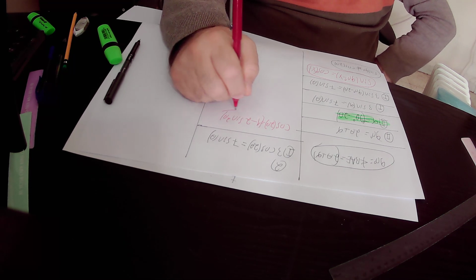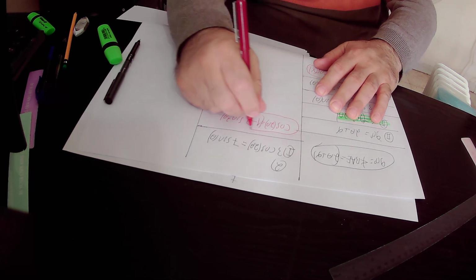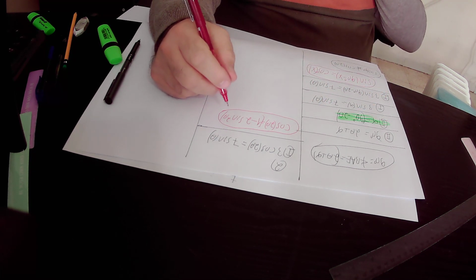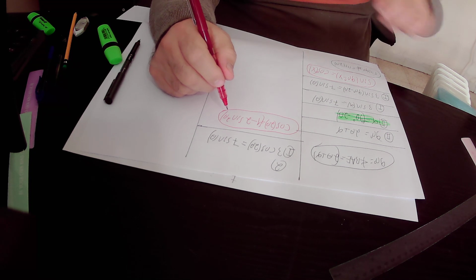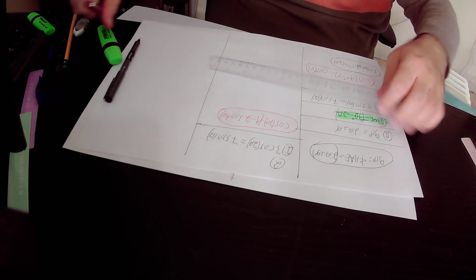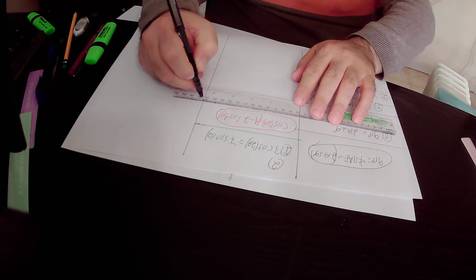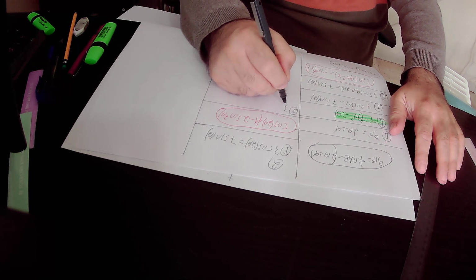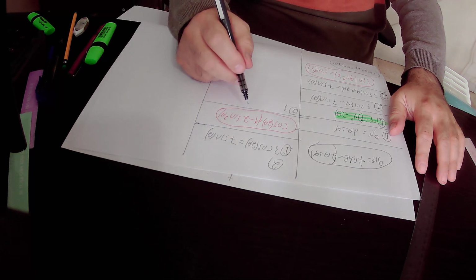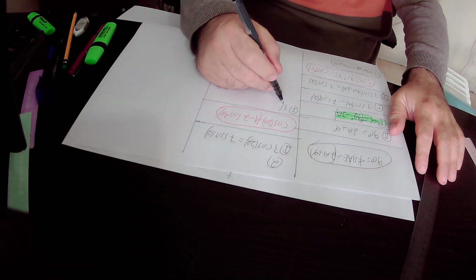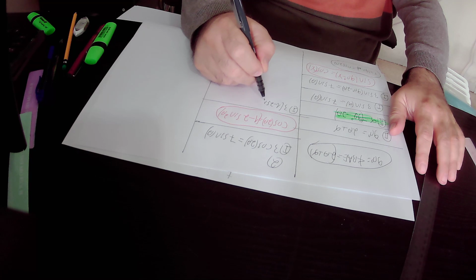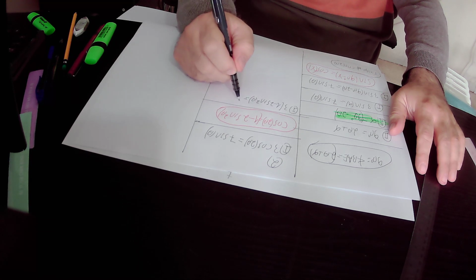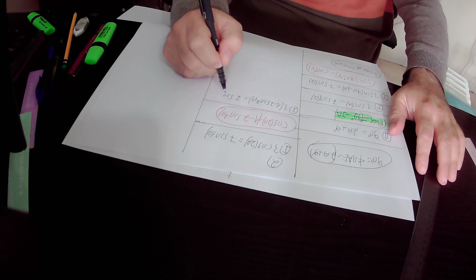So we can substitute cosine 2 theta in equation number 1 by 1 minus 2 sine square theta, and we will get 3 times (1 minus 2 sine square theta) equals 7 times sine theta.